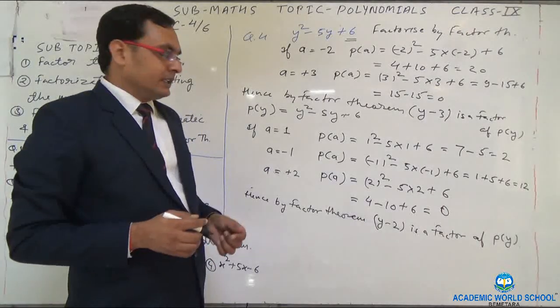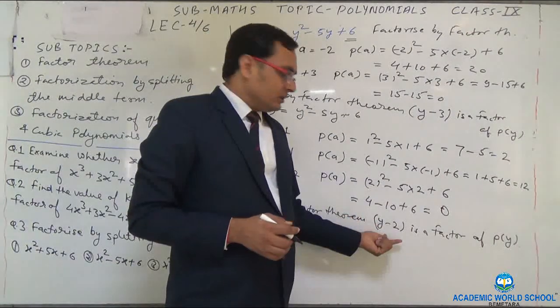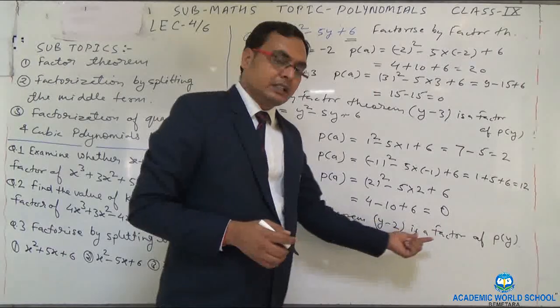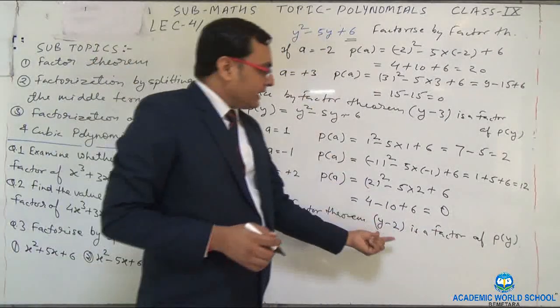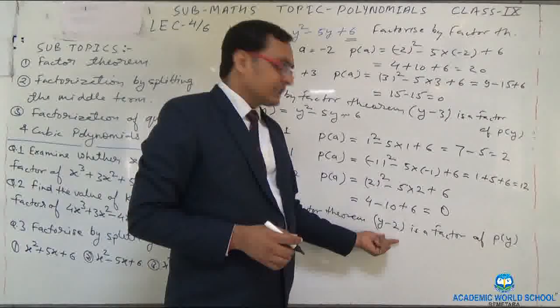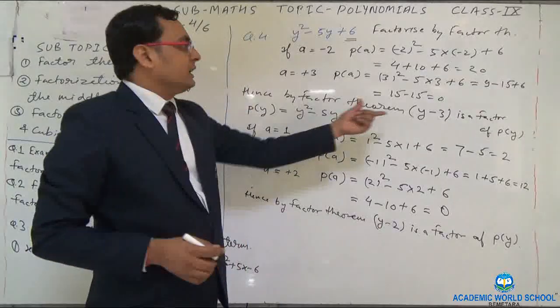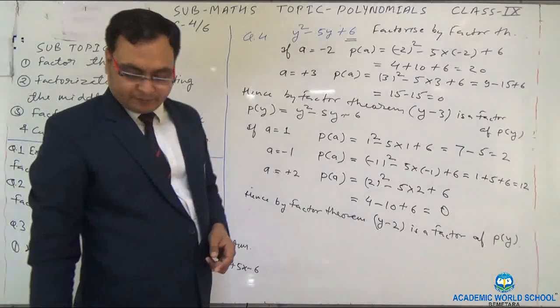Alternatively, we have another way. First of all, we got this factor y minus 2, then we can divide this quadratic polynomial by this one factor y minus 2, and we will get the other factor y minus 3.